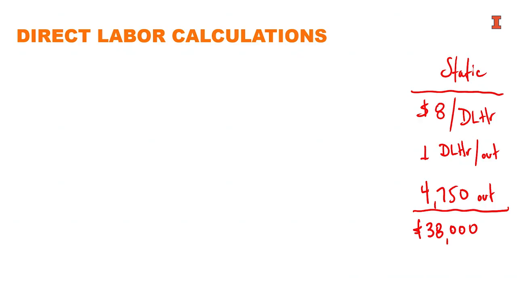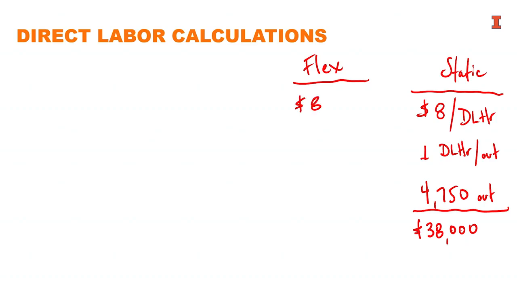Now thinking about our flexible budget, and that is how much our direct labor costs should have been given what we actually produced instead of planned to produce, all components are the same in this column as they are in the static budget, with the exception of the output.